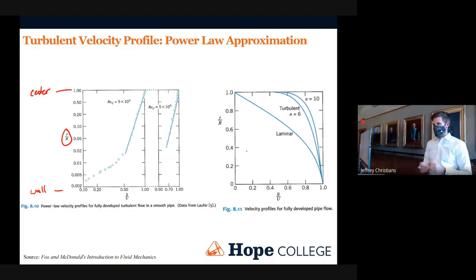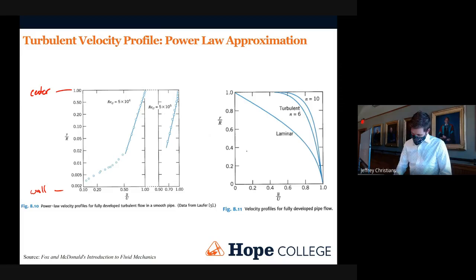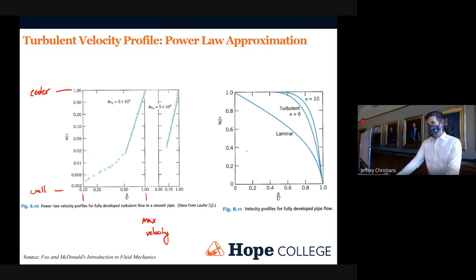It's a normalized distance away from the wall, and this is a normalized velocity, like max velocity. So the maximum is at the center, and at the center we should be right there. These are at two different Reynolds numbers, 5 times 10 to the negative 4 and 5 times 10 to the negative 5.